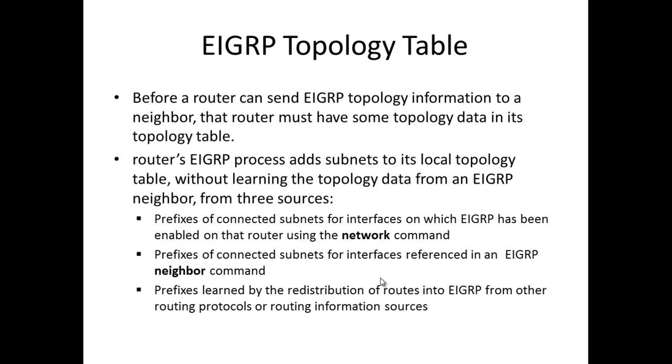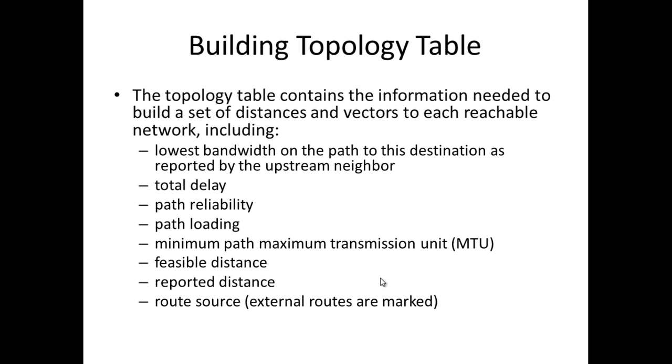First, the directly connected subnets of the interfaces which EIGRP has been enabled on that router using the network command. Second, the subnets connected to the interface referenced in EIGRP using the neighbor command, if we have a neighbor. Third, the routes learned by redistribution of routes into EIGRP from other routing protocols or routing information sources.